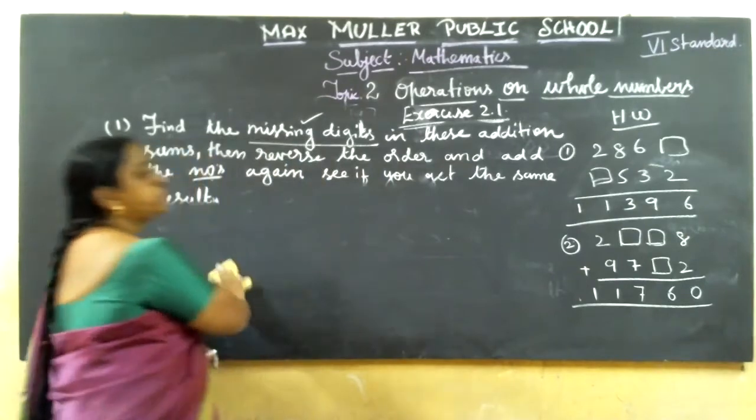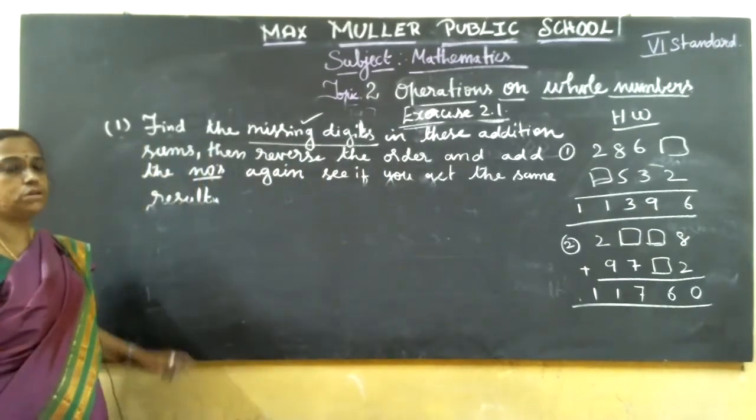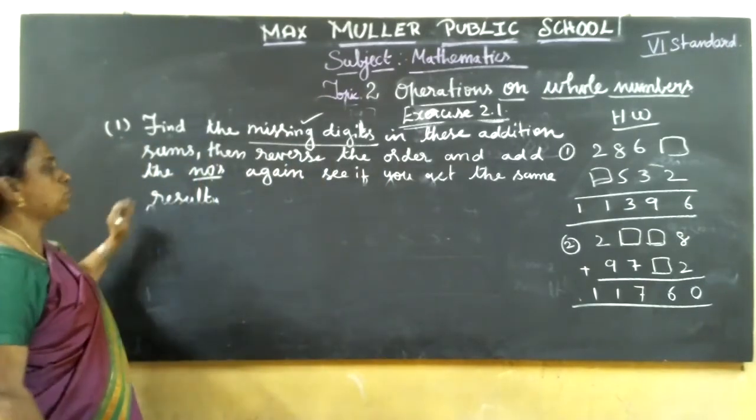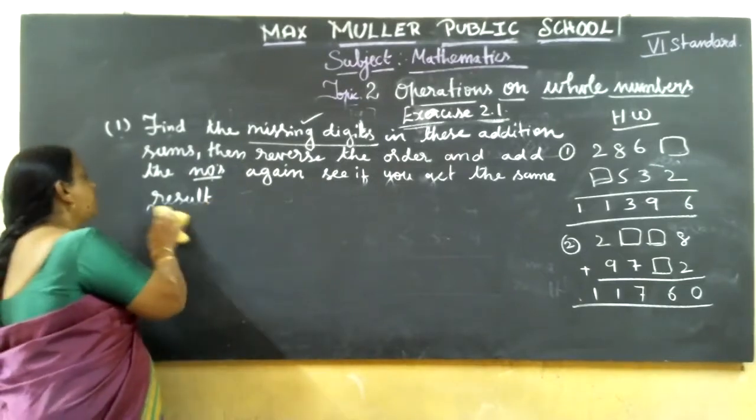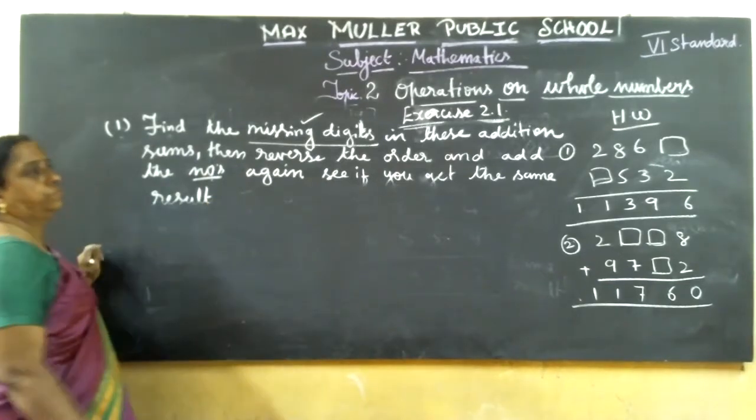If you have the textbook, you can mark those 2 sums as homework in the textbook itself, then you can copy. If you don't have the textbook, copy this in the assignment book and do it.